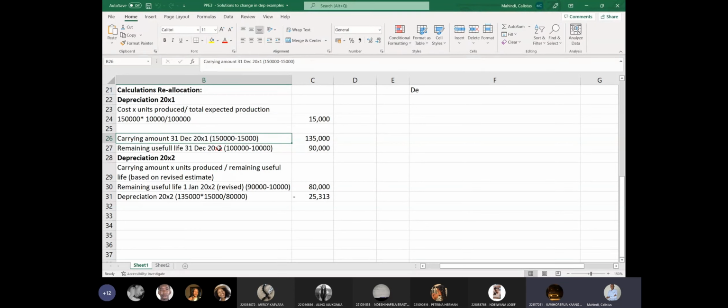The question told us that the total number of units that can be produced is 100,000, and we've already produced 10,000 units in 20x1. So 100,000 minus 10,000 units gives us 90,000 remaining units that can be produced over the life of that asset. Are we together up to that point in time? No, sir. Please repeat.